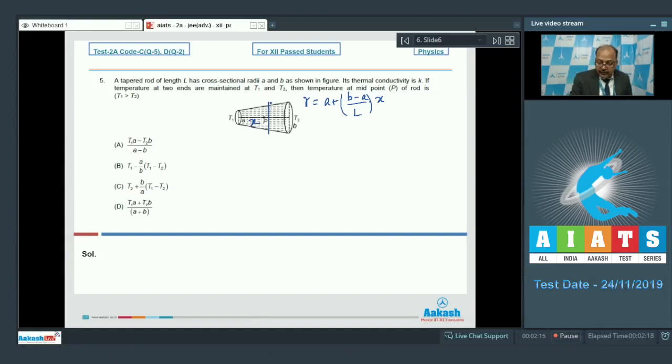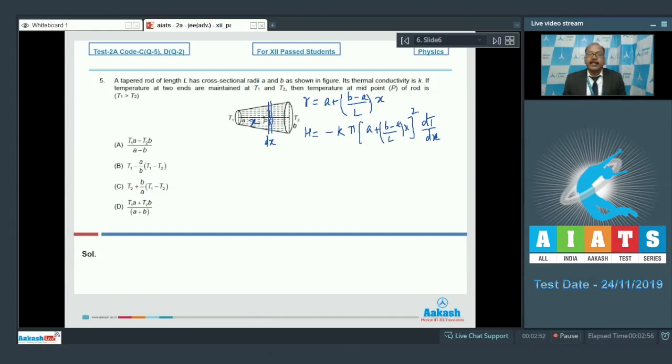Now if I consider heat transfer through an element of thickness dx, then we can straightaway write the rate of heat flow H is equal to minus k area of cross section, which is in this case equal to pi into a plus b minus a by L into x square, dT by dx, the temperature gradient.